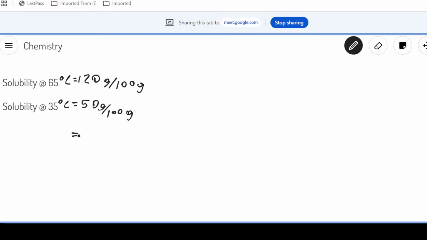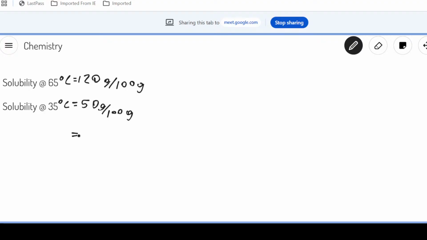So if you have 120 initially dissolved in the solution, when you cool it, solubility is going to drop. So it's just going to be releasing the excess. The excess will come out as a solid, or we can say it will precipitate out.